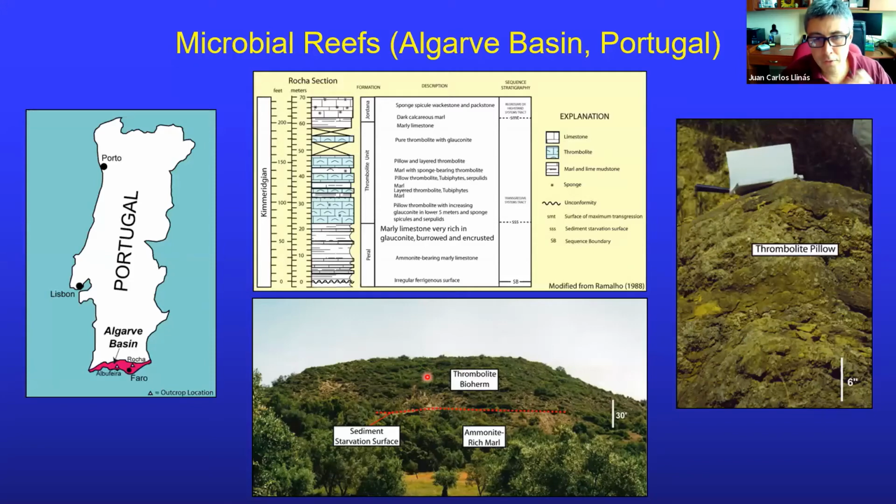In this case, another difference with the previous ones is that what covers the microbial buildup is not a grainstone, it is a marly limestone, suggesting that this particular thrombolite buildup was drowned instead of being buried by shallow deposits. It was not able to keep up with sea level rise, and it was drowned.